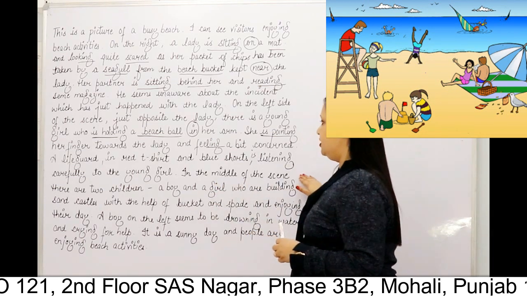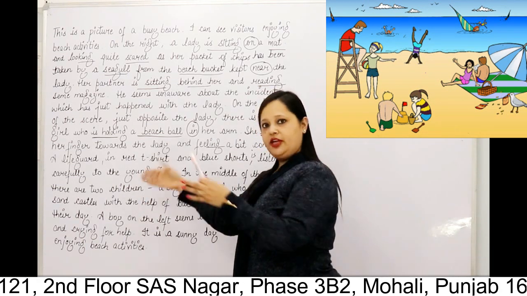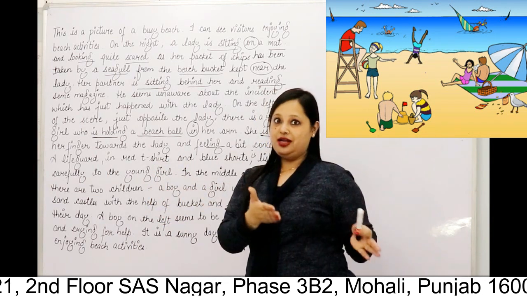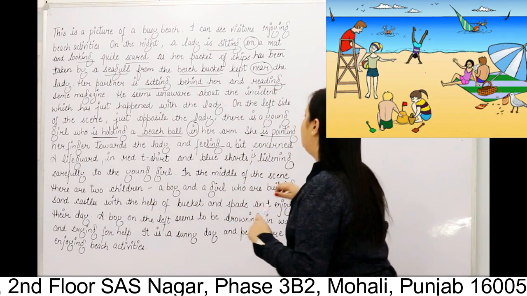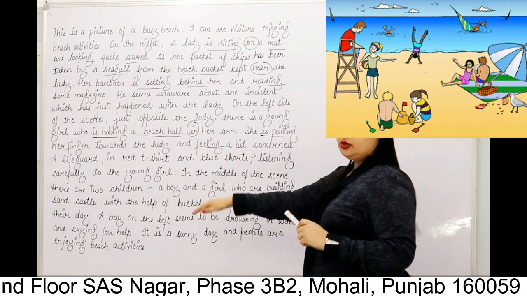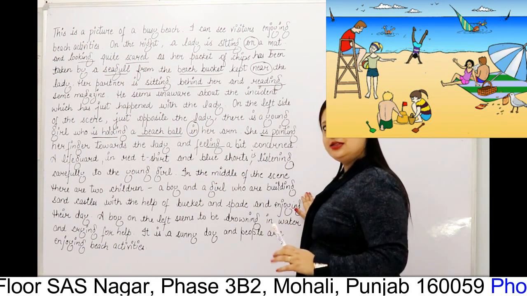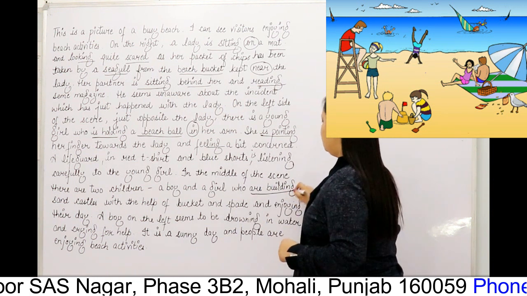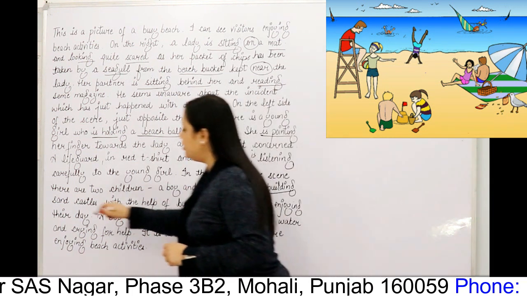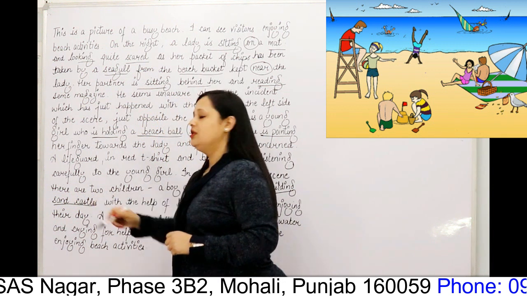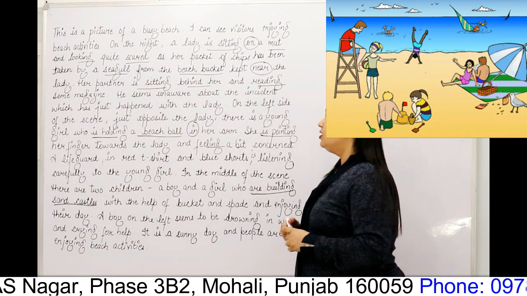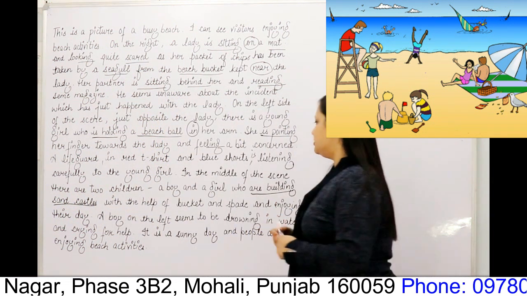In the middle of the scene, there are two children. We have described first the right, then the left. Now the middle. In the middle of the scene, there are two children, a boy and a girl, who are building sand castles. Are building, right, present continuous. What are they building? Sand castles. This is again the appropriate words. With the help of a bucket and spade.